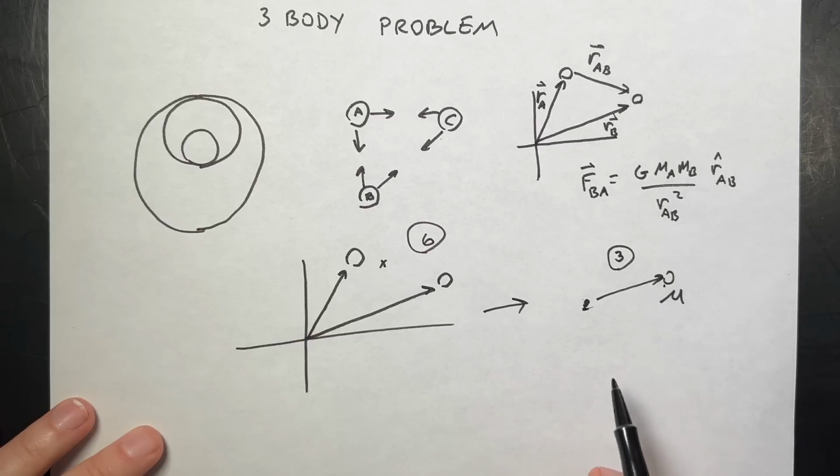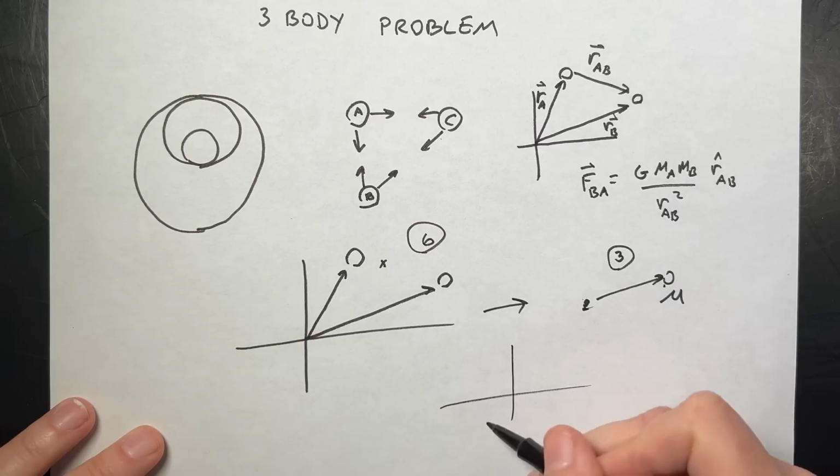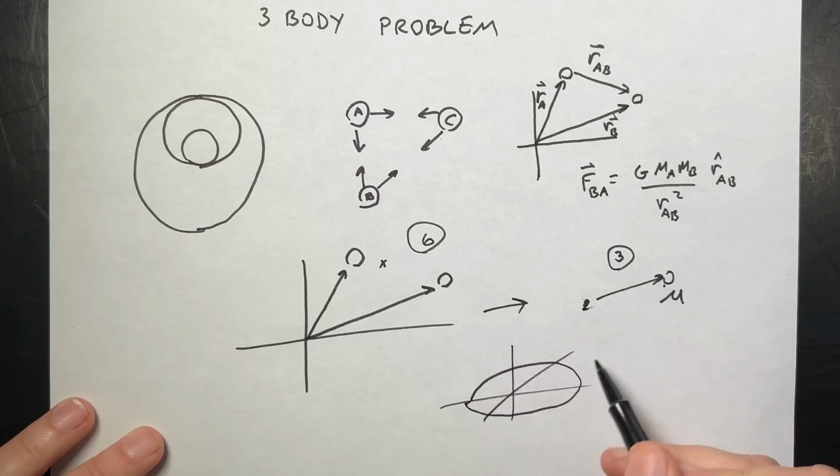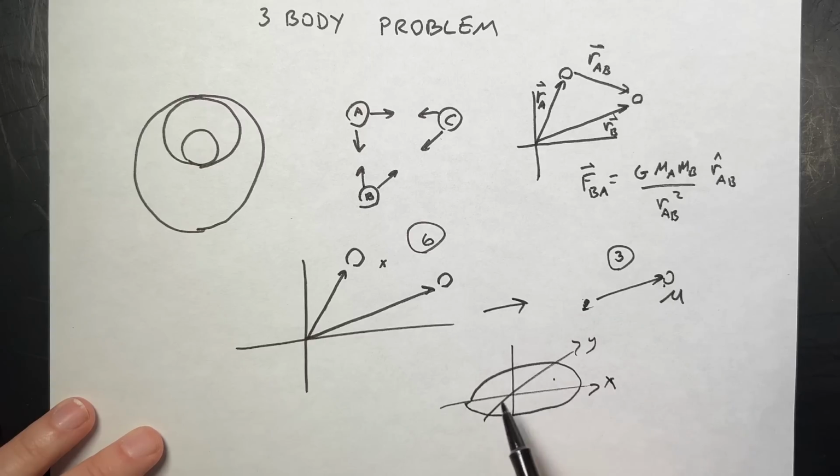Now I can get to 2 degrees of freedom with this by saying that if angular momentum is conserved, and it should be, then I can confine the motion of this mass into a plane. We could put this in the XY plane, and so it wouldn't be in the Z plane at all. No matter what happens, it's going to stay in the XY plane. So now we're down to 2 coordinates.